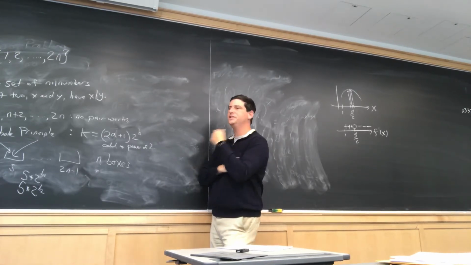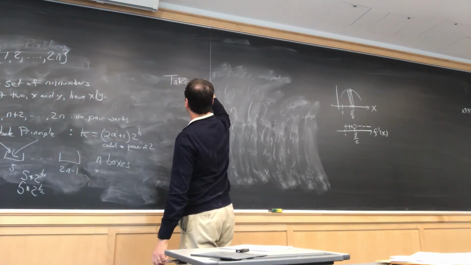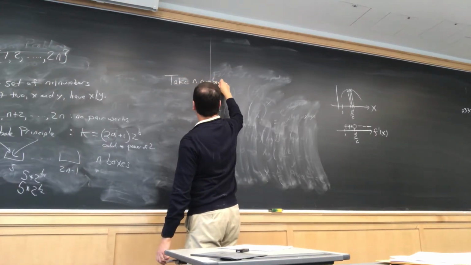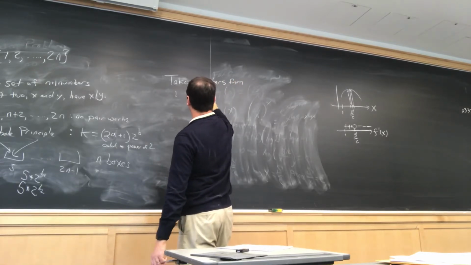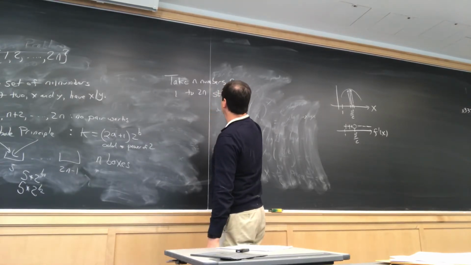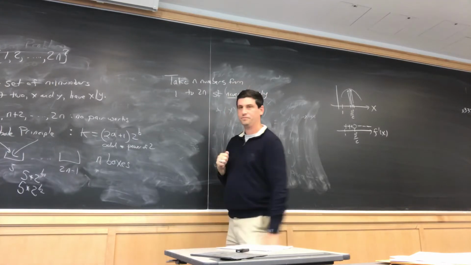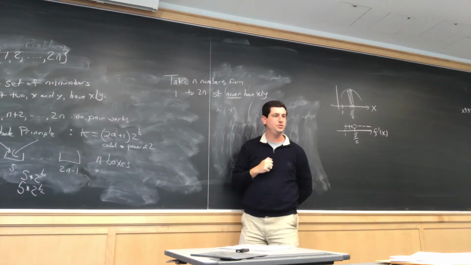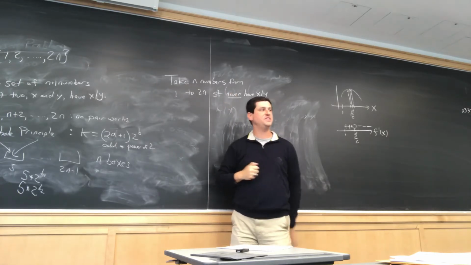What if I now take n numbers from 1 to 2n such that you never have x dividing y? Is it possible to do this? Yes, in fact, we got an explicit construction earlier. Just take the last n.